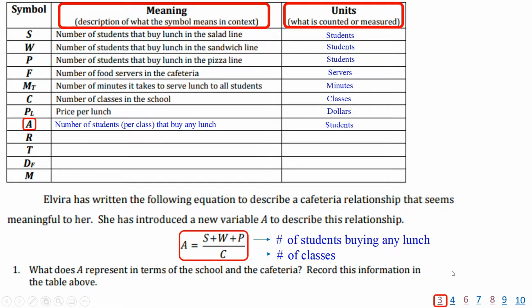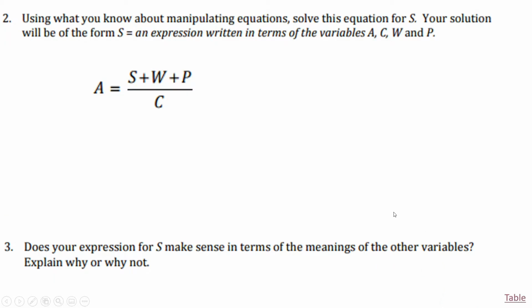Okay, it looks like I need to go to this hyperlink for number 2 and 3 here. So, number 2, using what you know about manipulating equations, solve this equation for S, the number of students that buy salad. Your solution will be of the form S equals an expression written in terms of the variables A, C, W, and P. So this is called a literal equation.